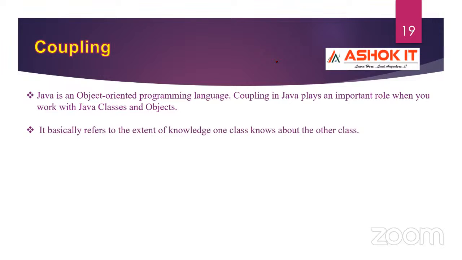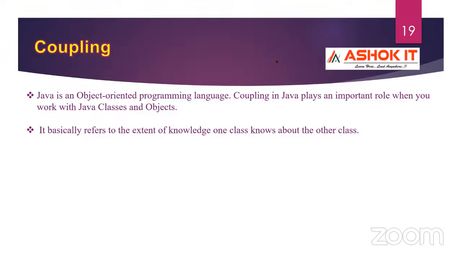Basically, coupling refers to the extent of knowledge one class has about another class. Whenever one class wants to start communicating with another class, you will be creating an object of that required class inside your class, or not?